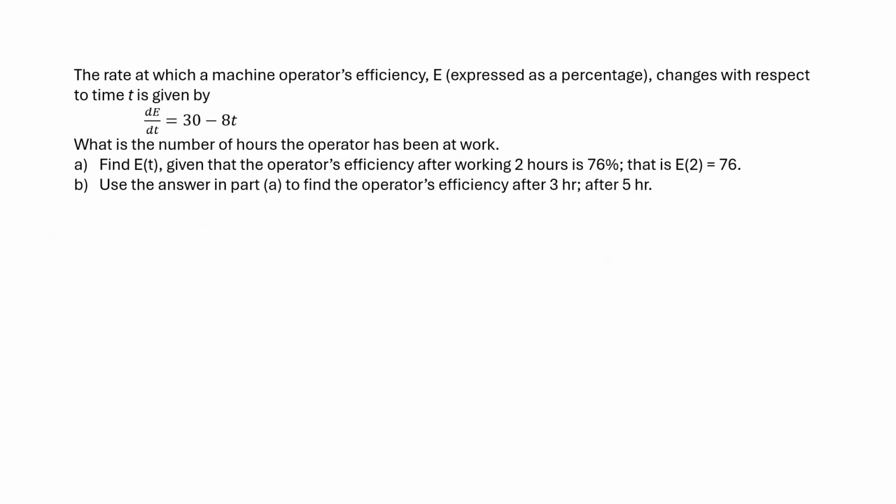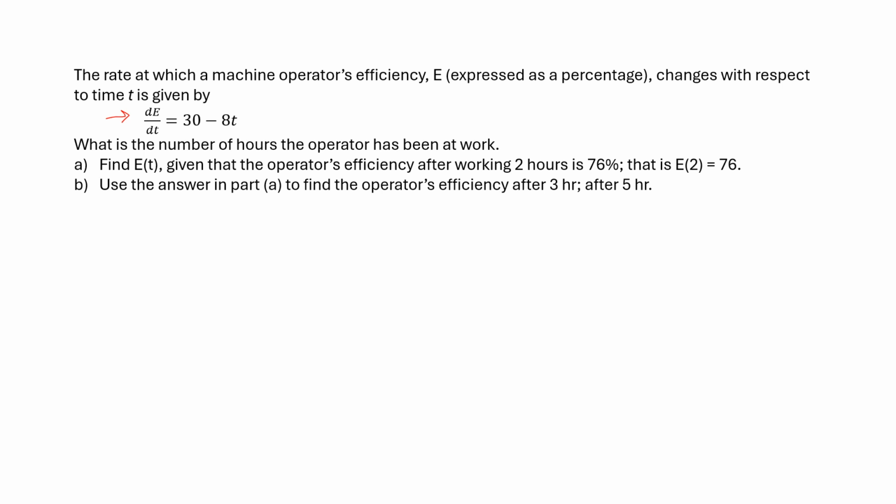Now, okay, so we have this word problem where we're told that the rate at which the machine operator's efficiency E, expressed as a percentage, changes with respect to time t is given to us by this.